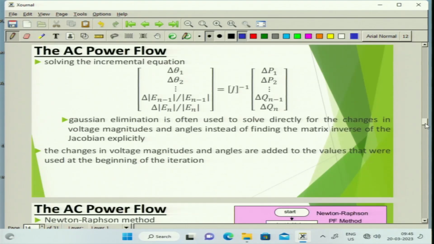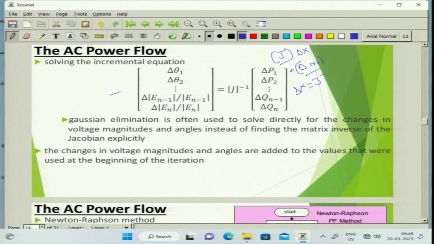And then, solving the incremental equation, ultimately you need to find out theta and voltages, right? What you will do is find out the Jacobian into delta x that we do not know, and delta m that you find out as p specified minus p calculated. So you know delta m, find out the Jacobian, then obtain delta x.